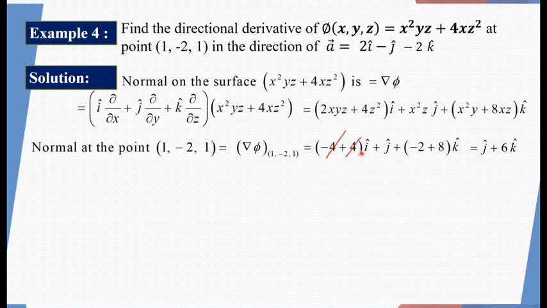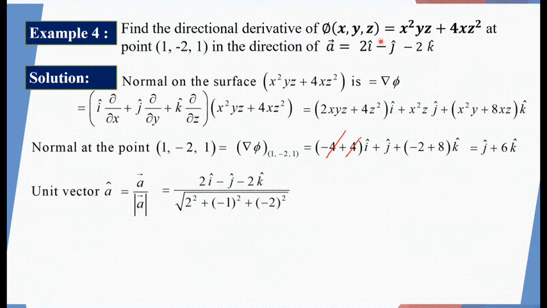Now we have to find a cap, the unit vector. Unit vector a cap is always equal to vector a upon mod of vector a. So vector a is 2i minus j minus 2k, and mod of vector a is square root of 2 square plus minus 1 square plus minus 2 square, that is 4 plus 4 is 8, plus 1 is 9, the square root of which is 3. So a cap is 2i minus j minus 2k upon 3.